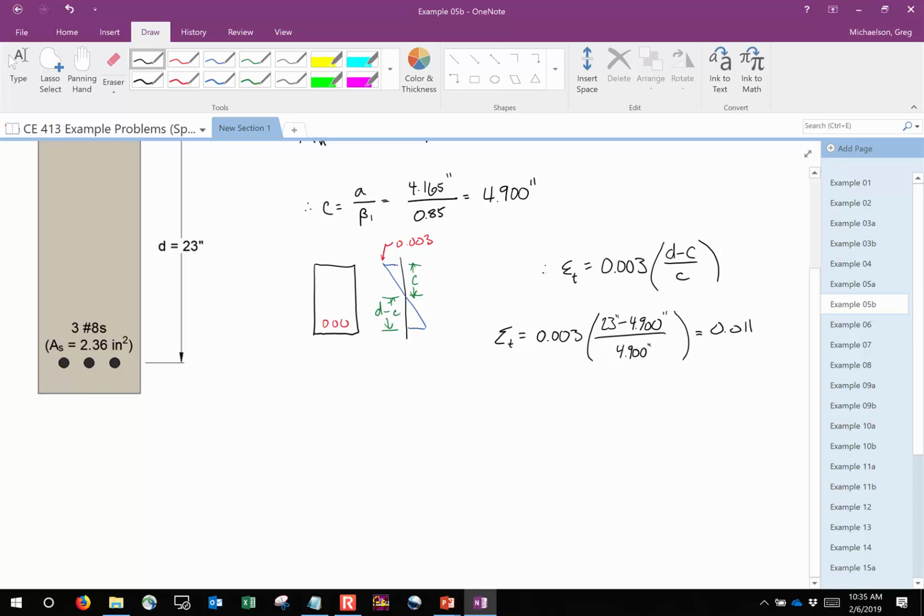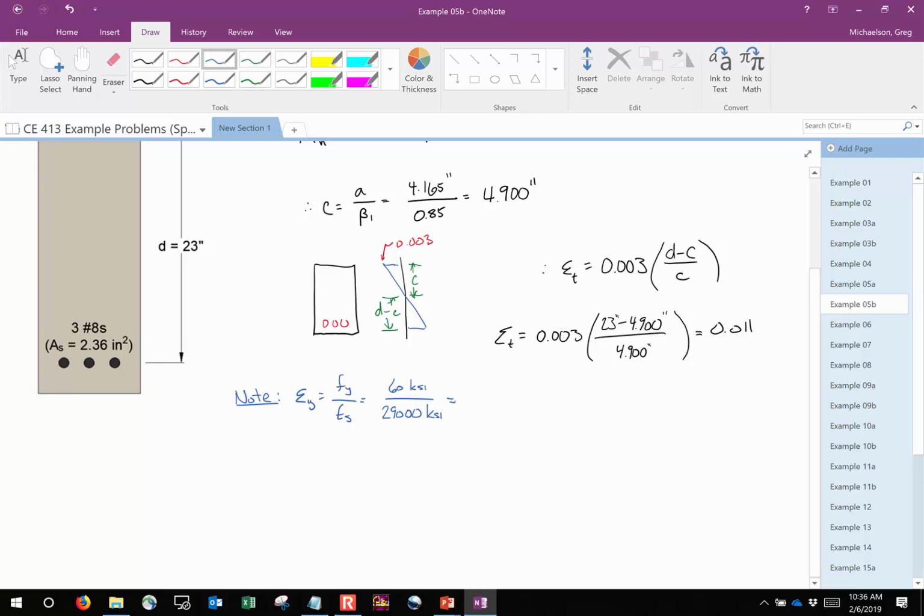Now, we can make a number of observations based off that value. First off, right off to the side, we can determine the strain in the steel at yielding. That's 60 ksi over the E value for steel, which is burned into the back of your memory.